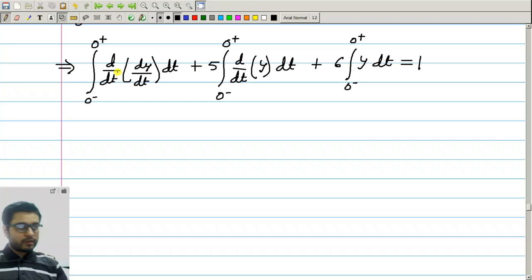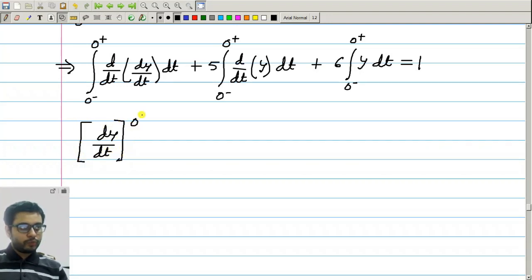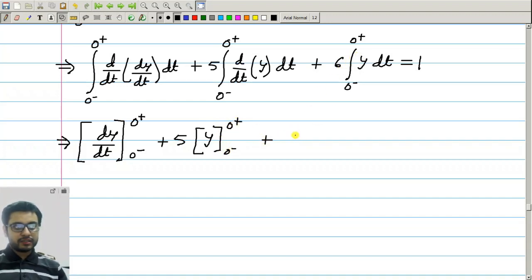Now this derivative and integration will cancel, and it will become dy dt, putting the limit 0 plus and 0 minus. Then the next term will become y from 0 minus to 0 plus, plus this term.